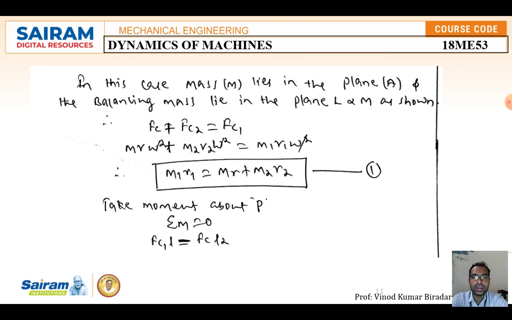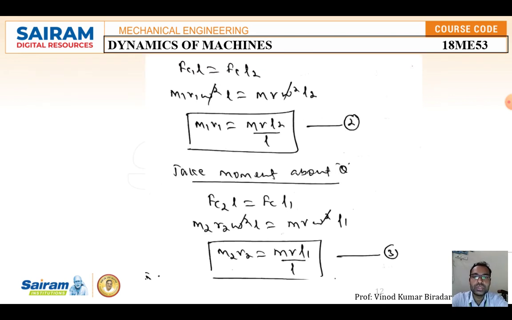Give equation number 1. Again take the moment about P, same as what we applied in the previous case. The summation of moment is equal to 0, that is Fc1 l minus Fc l2. If you substitute their formulas, you get m1 r1 is equal to mr l2 divided by l. Give equation number 2. Again take the moment about theta.